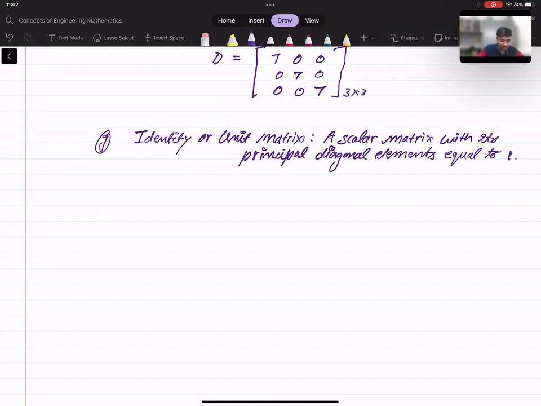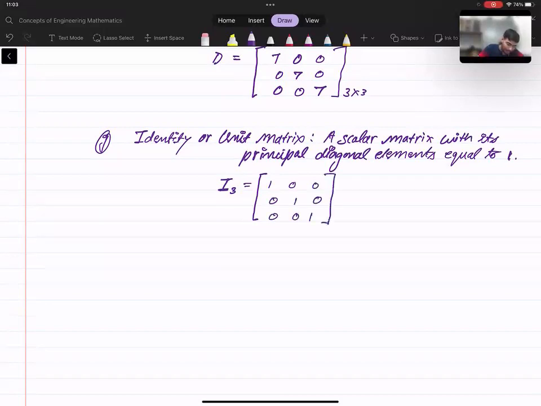And it is represented by the alphabet capital I. Every time the same representation is used. And only one subscript is there to represent the order. So suppose we have I3, then this represents an identity matrix of the order 3. So this will be 1 0 0, 0 1 0, 0 0 1.